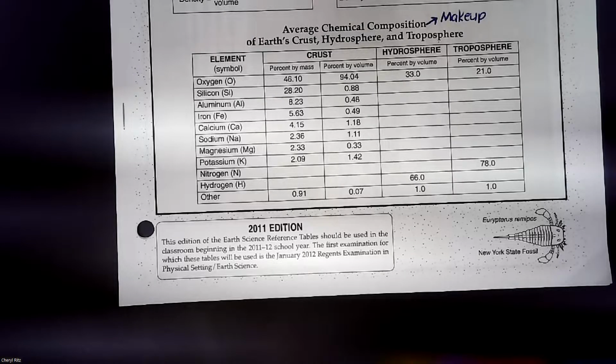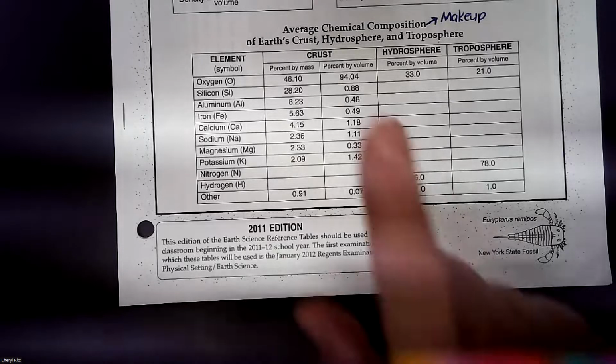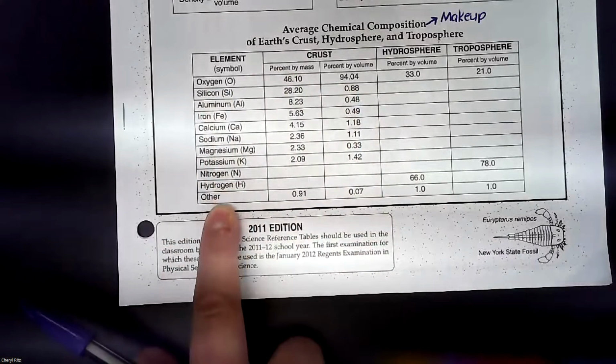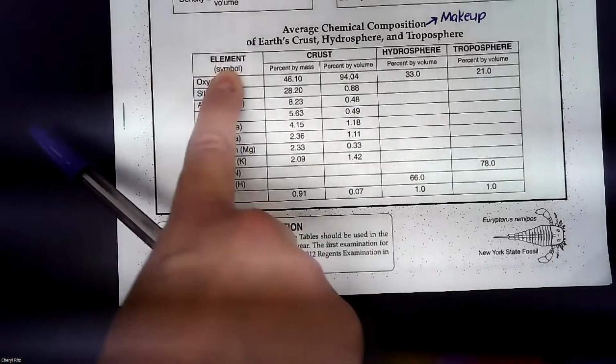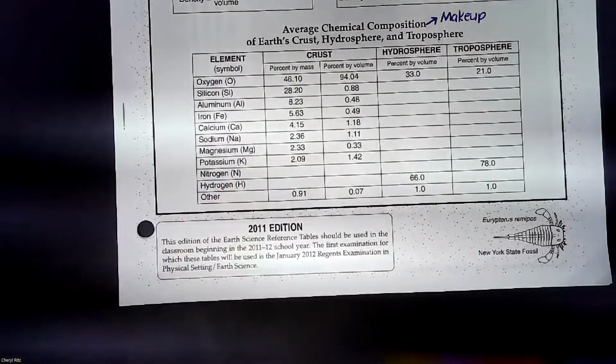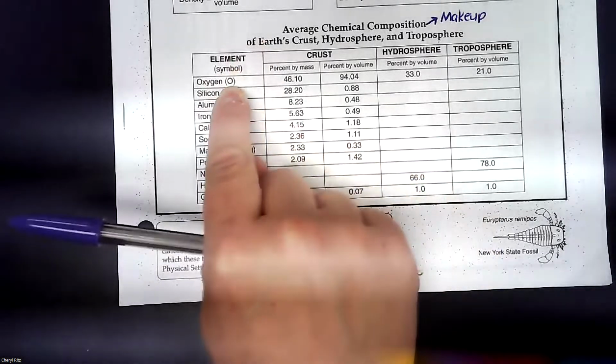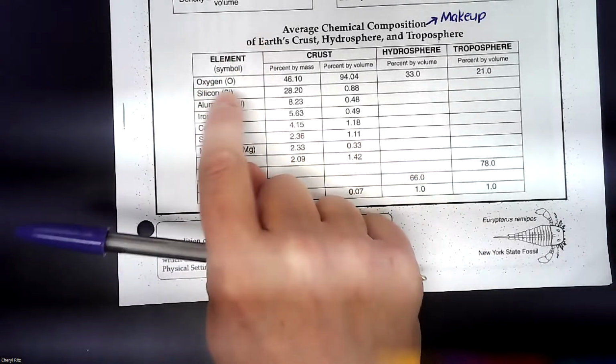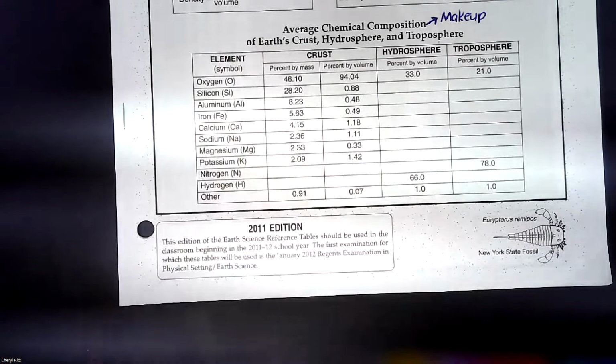Good news, you don't need to know anything about that for this year. What you do need to know is that these are listed as elements. You don't have to memorize any letters, because as you see here, they tell you O is oxygen, Si is silicon, Al is aluminum.